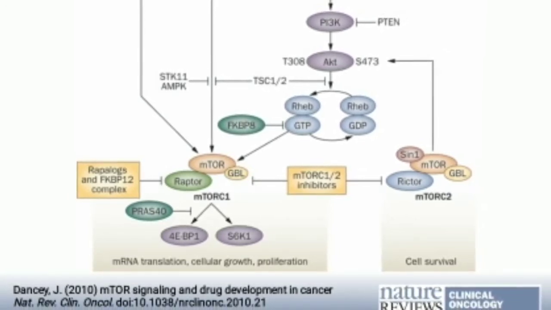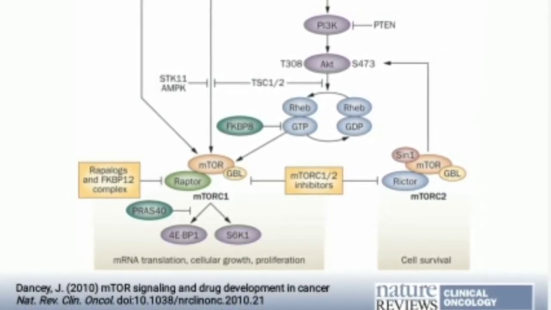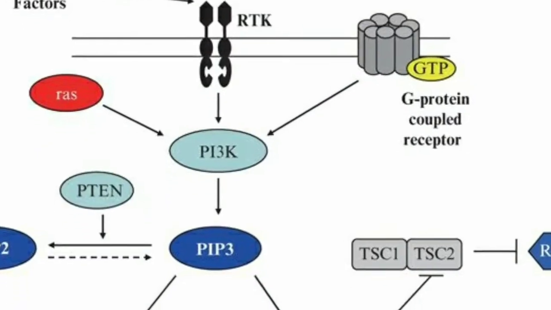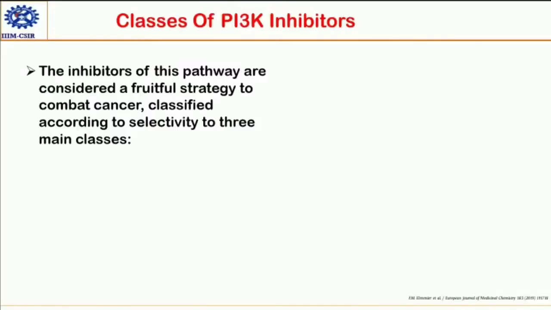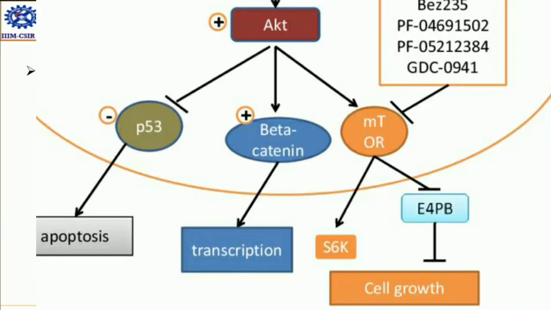So the PI3 kinase AKT-mTOR signaling pathway is involved in various vital cellular processes. Many diseases arise as a result of dysregulation or mutation of the PI3 kinase AKT-mTOR pathway, especially cancer. Thus, it is really important to study this pathway to be aware of the most fruitful way of cancer control.